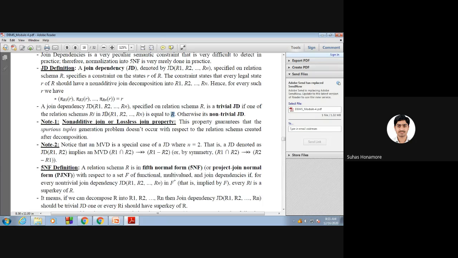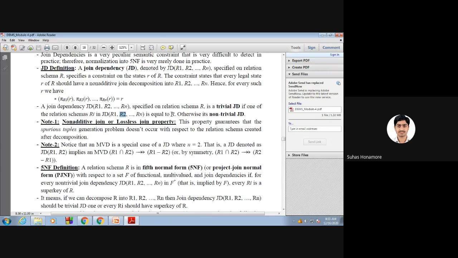Then we say this is a trivial one. Otherwise it is non-trivial. Most times a trivial join dependency will not be there, because if you decompose R into R1, R2, Rn, none of them will be the same as R.